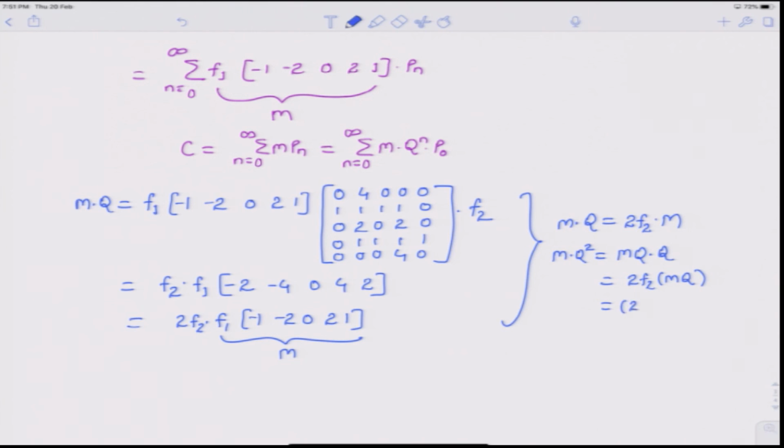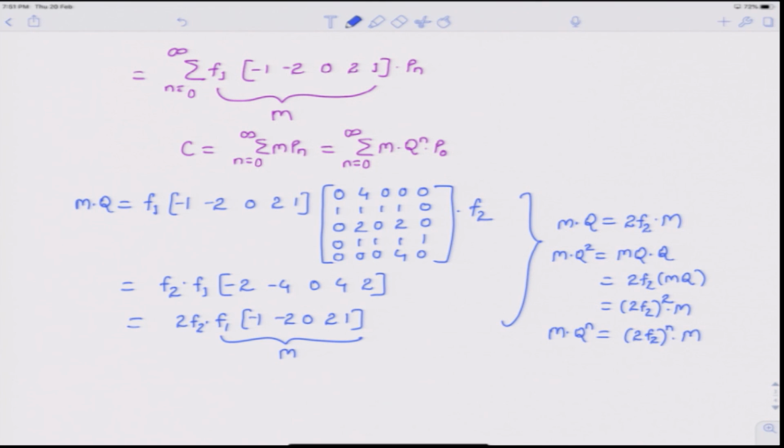So this should be 2F2 square times M, and so on. So if we write M times q to power n, that should be equal to 2F2 to the power n times M.